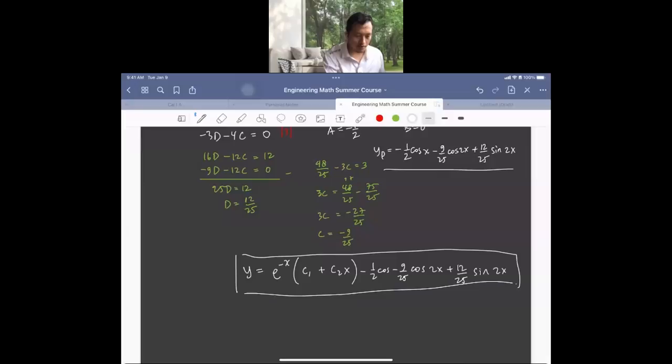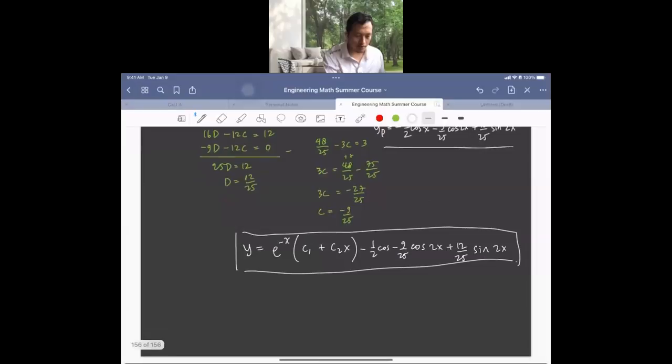Okay, so let me give you a quick look at combinations of these functions. We are not necessarily solving, but let me just give you a quick recap.